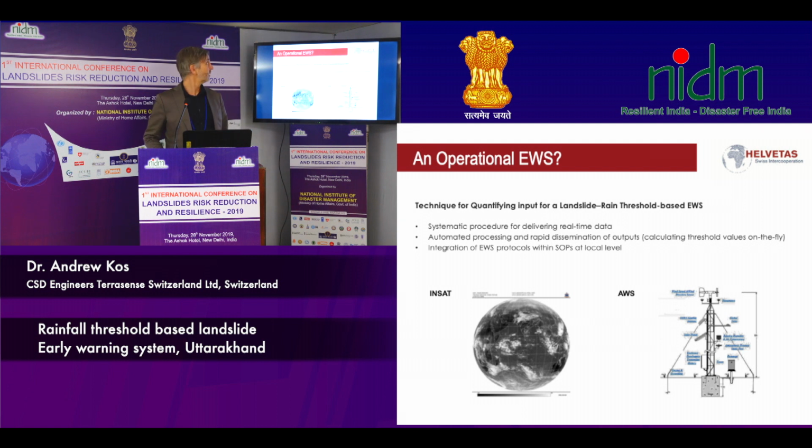So let's turn to this question of an operational EWS based on either remote sensing data somehow feeding in, or an AWS, an automatic weather station setup. So what we really need for this to work is a systematic procedure, a set of protocols that deliver the real-time data.